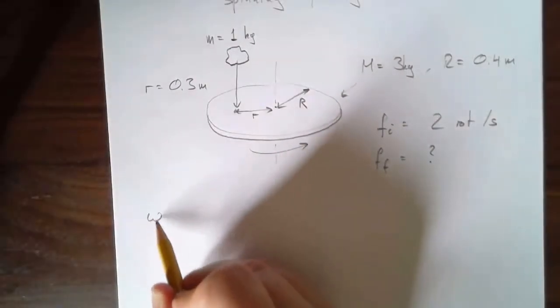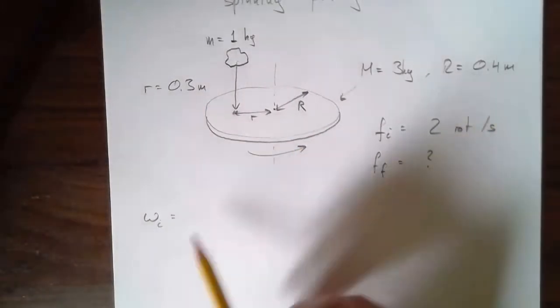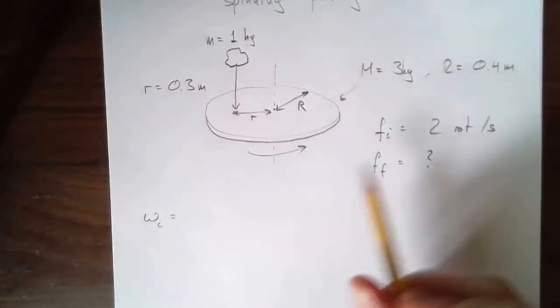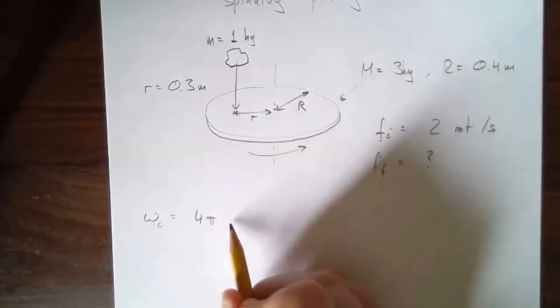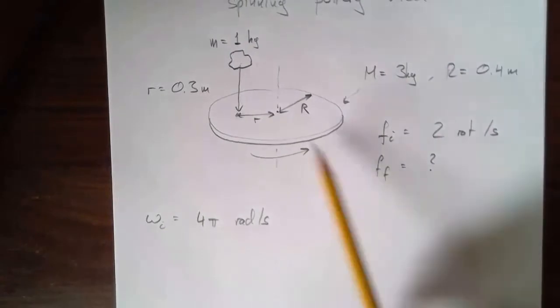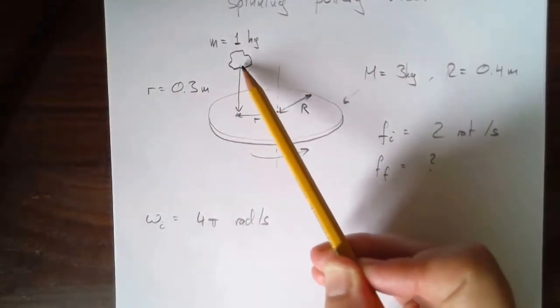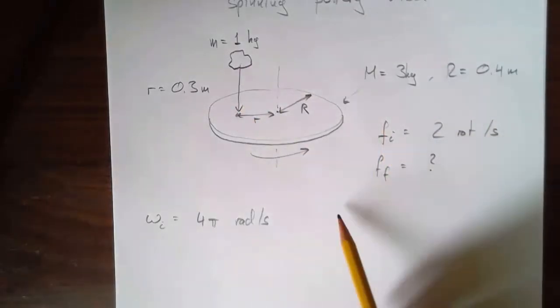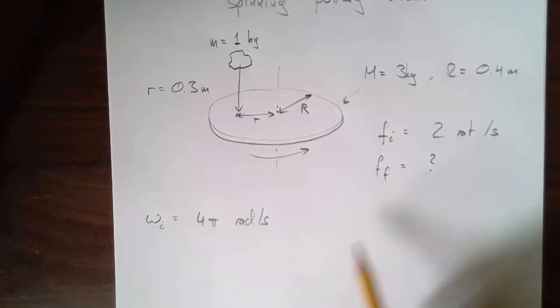So we have omega I, our initial angular velocity of the wheel, is 2 rotations per second, and that is of course 4 pi radians per second. The lump has 0 omega. I'm going to take this to be obvious. I'm not going to write it down. I could write omega of lump of clay initial equals 0.